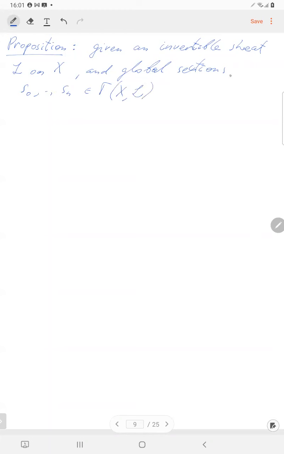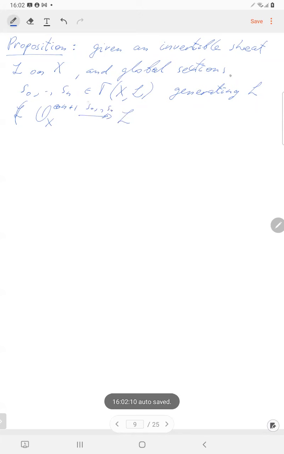So given an invertible sheaf L on X and global sections S_0 through S_n generating L, it means that from O_X^(n+1) to L there is a surjection given by S_0 through S_n, like this.